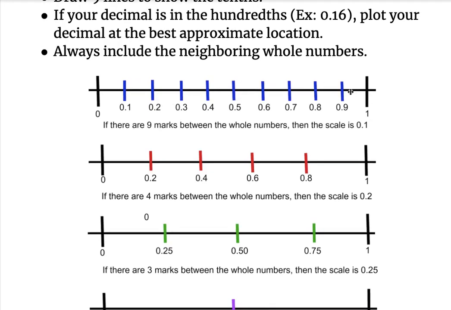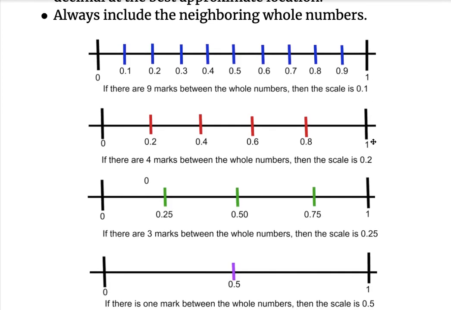Normally you would be drawing 9 tick marks because these obviously show more specific locations. The more lines you draw, the more specific it gets. And then if you're just going by halves, then you just need to draw 1 line in between to show that half.